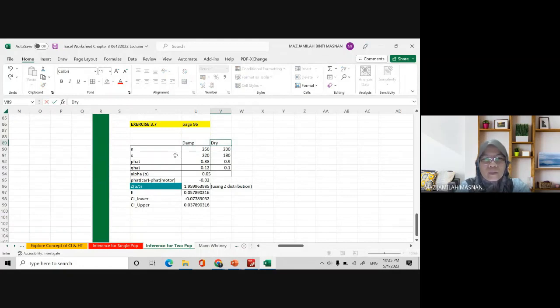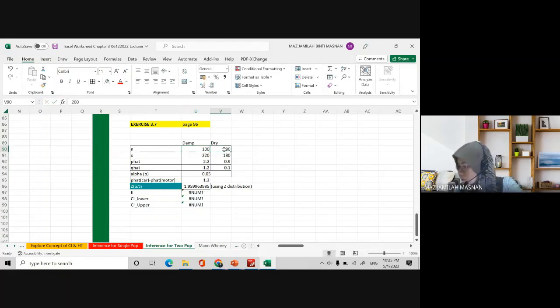The damp involves 100 electronic connections, 100. And the dry, 150. Okay. The X for damp is 20. And the X for dry, 10.